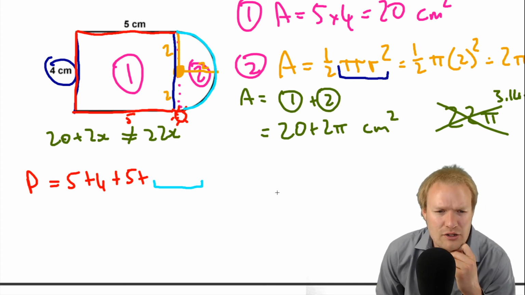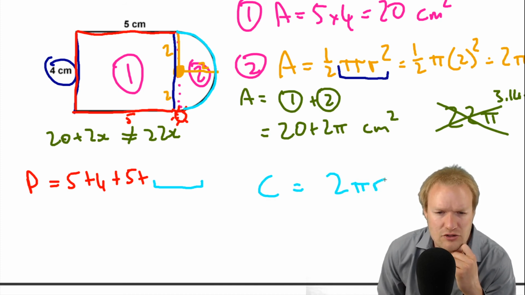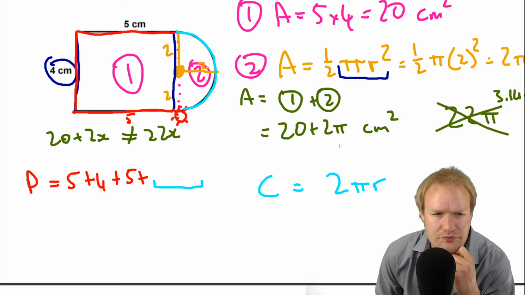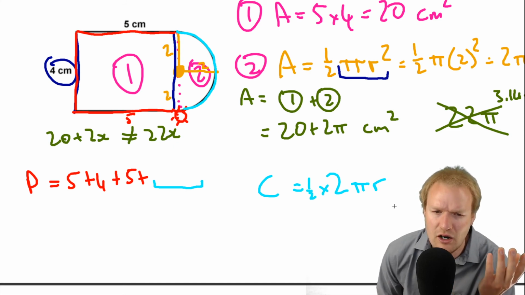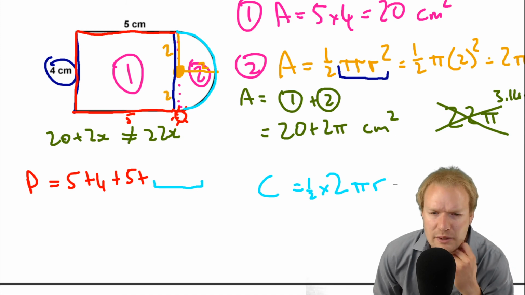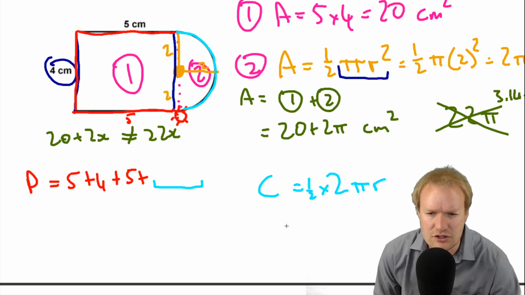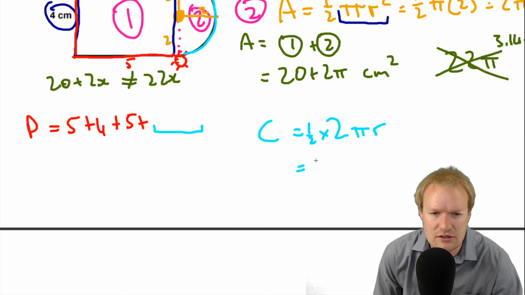Now, we know what the circumference of a full circle is, 2 pi r. But we want half a circle. With the area, we said we want half of it, and with the circumference, we also just want half of it. That wasn't too bad. So this equals a half times 2 pi r.